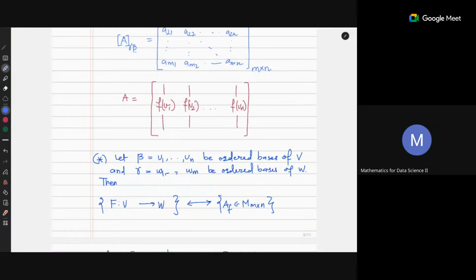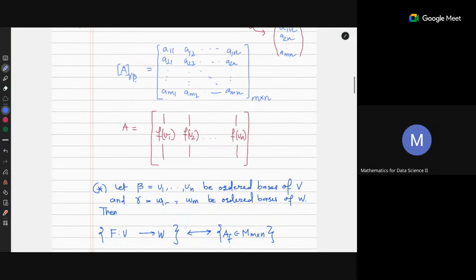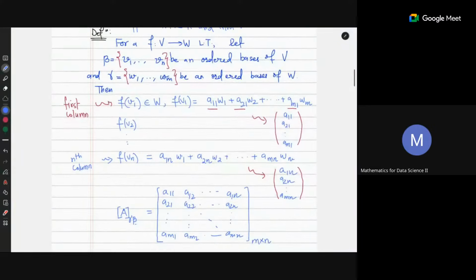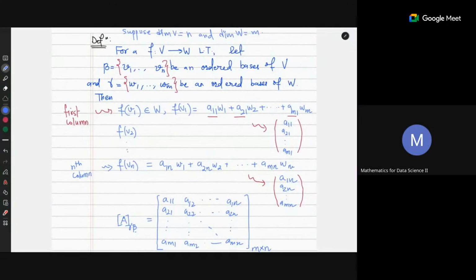So you get a correspondence. Now, this correspondence is important in order to study the linear transformations. What we have seen till this point is that any linear transformation can be represented by a matrix with respect to some ordered basis of domain and codomain.